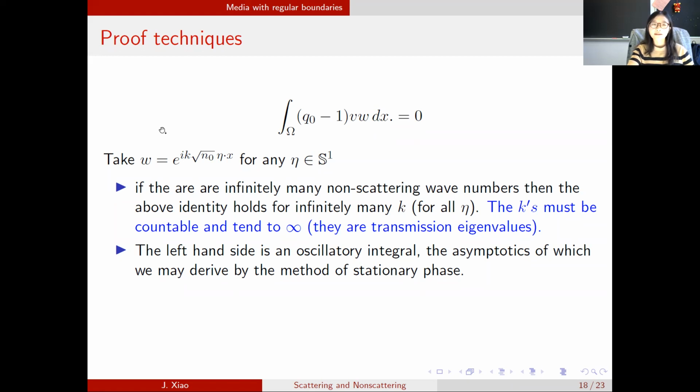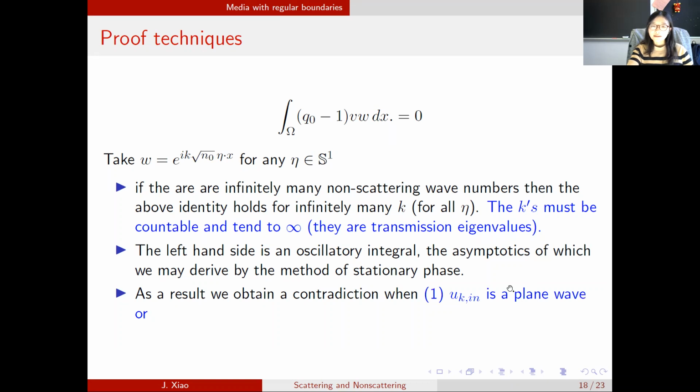And we end up with several terms as k goes to infinity, and we analyze this relation since this has to be 0 for any k, so it has to be true for k goes to infinity. And at the end, we will derive a contradiction because we assume that there are infinitely many non-scattering wave numbers, again from this identity.